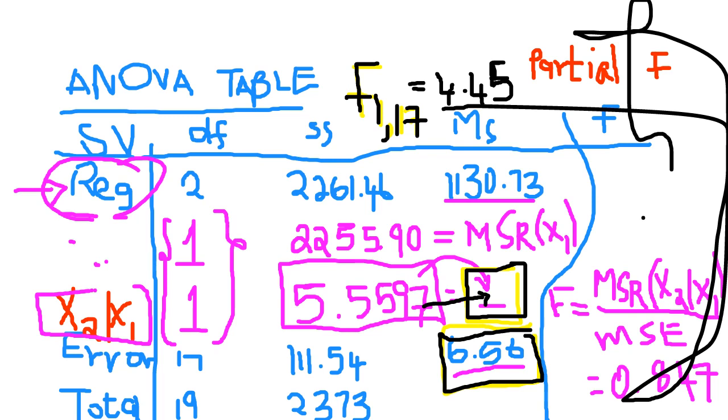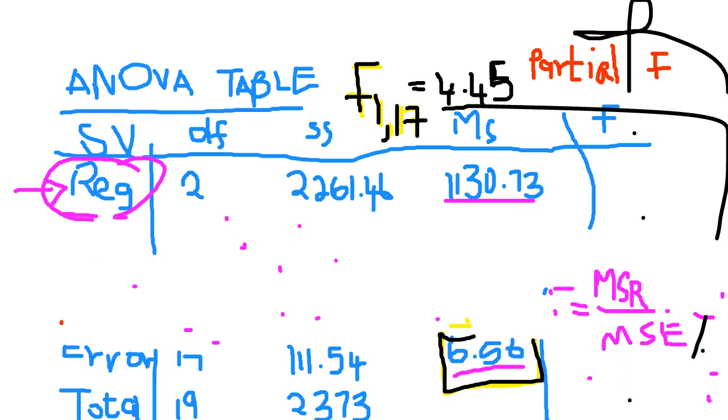So can I please get the value of the SSR? Now we're being told what is given between X1 and X2. We want to test for X1. Which variable is already in the model? We want to test for X1, so X2, because we are saying this one is given.